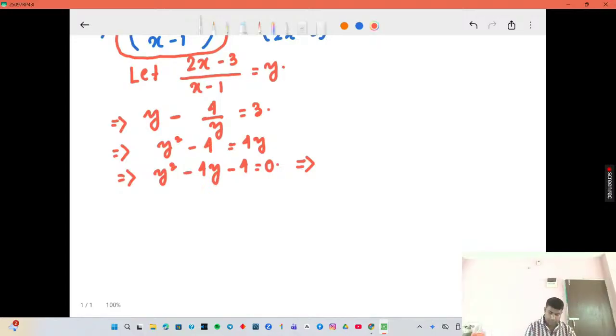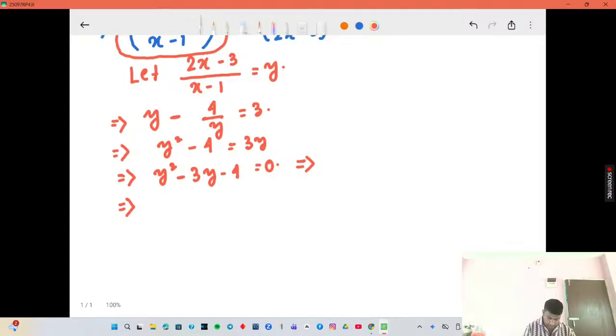Oh, here I have written one thing wrong. We have to change it. It will be minus 3y, sorry. So y square minus 3y minus 4 is equal to 0.